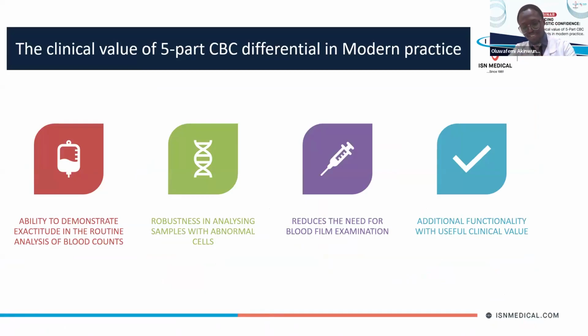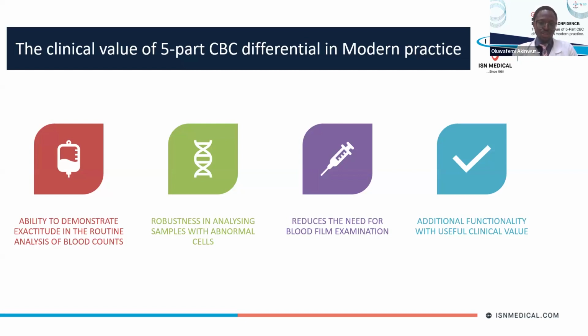So the 5 parts analyzer is a little different from the 3 parts analyzer, in a situation whereby there are additional functionality, including flagging systems. If you have abnormal cells running through the aperture, especially the 5 part analyzer has additional functionality that can flag abnormal cells.